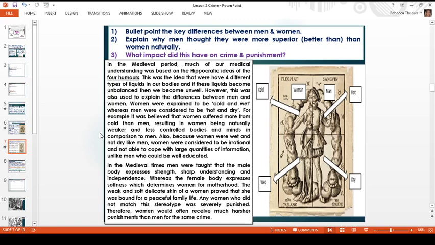But that led them to believe that women were the weaker sex, not just in terms of the structure of their body, but also their mind, which then led on for men to think that women couldn't have an education, that they shouldn't go to school and they shouldn't go to universities, because it says here that women were irrational and they weren't able to cope with large quantities of information. So this kind of comes from the idea that women just didn't have the mental understanding to be educated in the same way that men did.